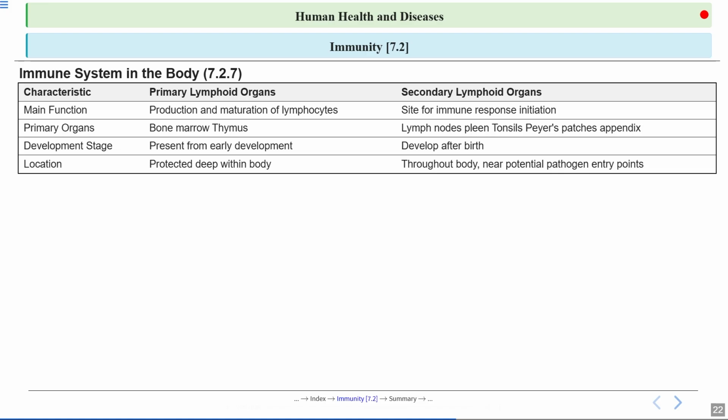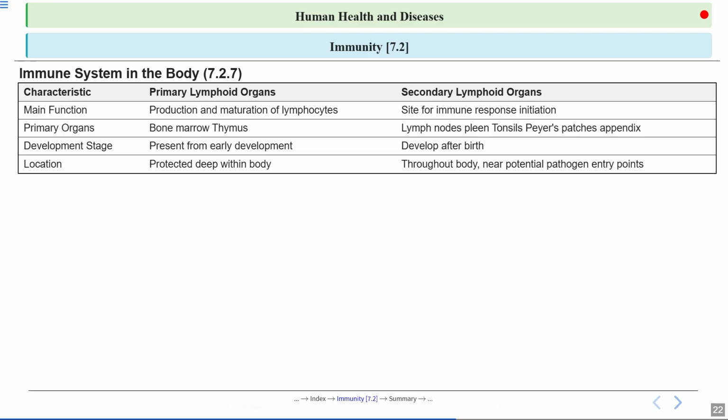The primary lymphoid organ acts as a training academy where the body's superheroes, the immune cells called lymphocytes, are made and get ready for battle. Especially the bone marrow, where the cells are born, and the thymus, where T cells gain their specific skills. Clear? So let's talk about the primary and the secondary lymphoid organs.